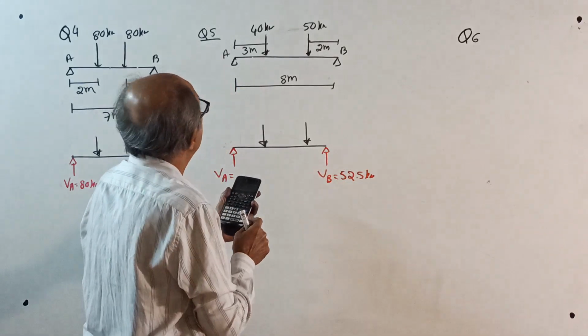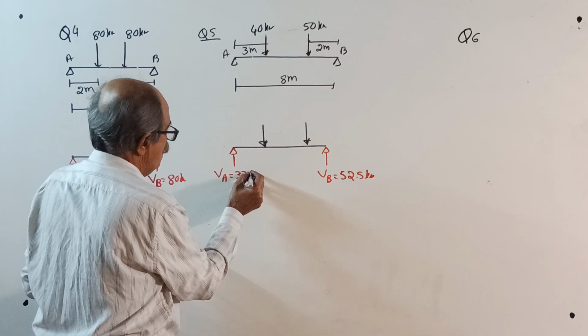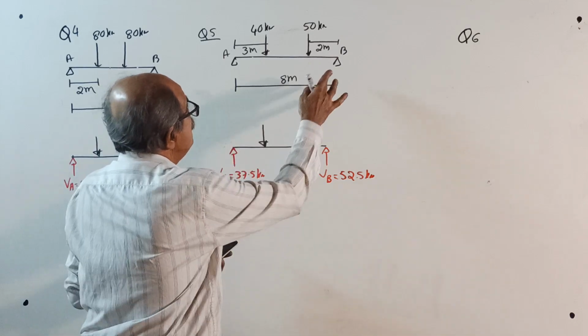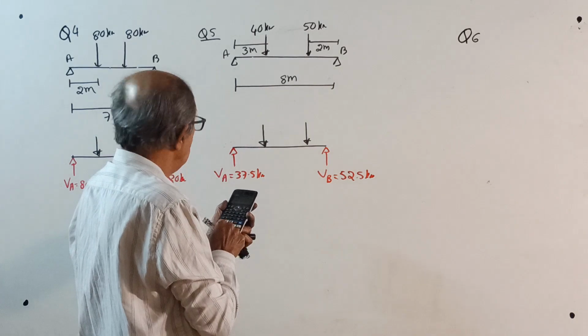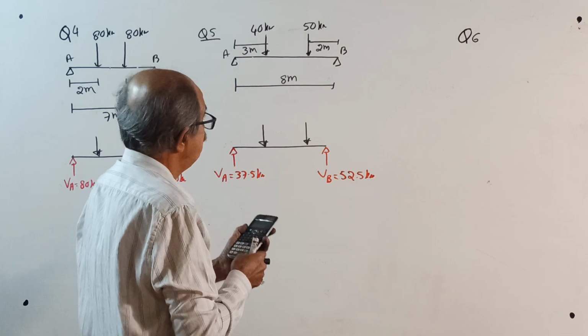This is a very important question. 37.5 kilonewton. Now what I will do is, I do not want a mistake. I'll check the answer. 40 into 8 means 5. Perfectly correct.